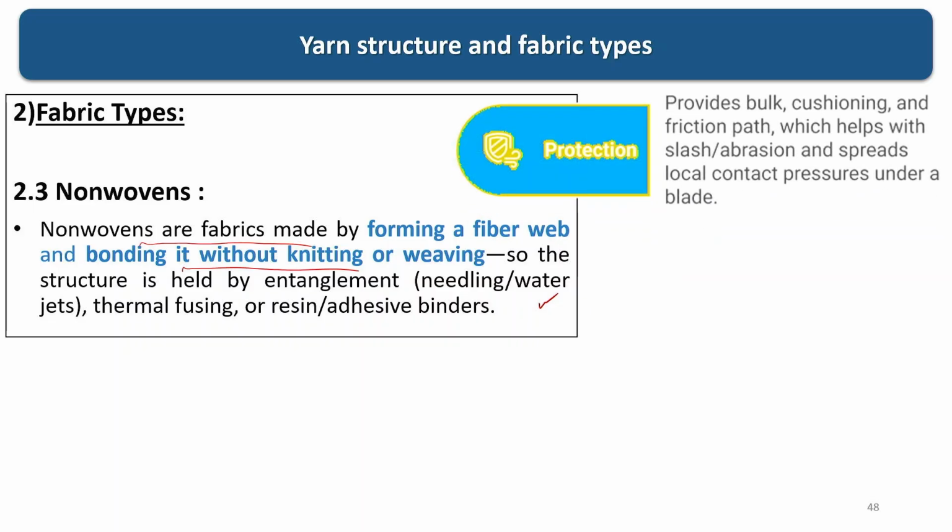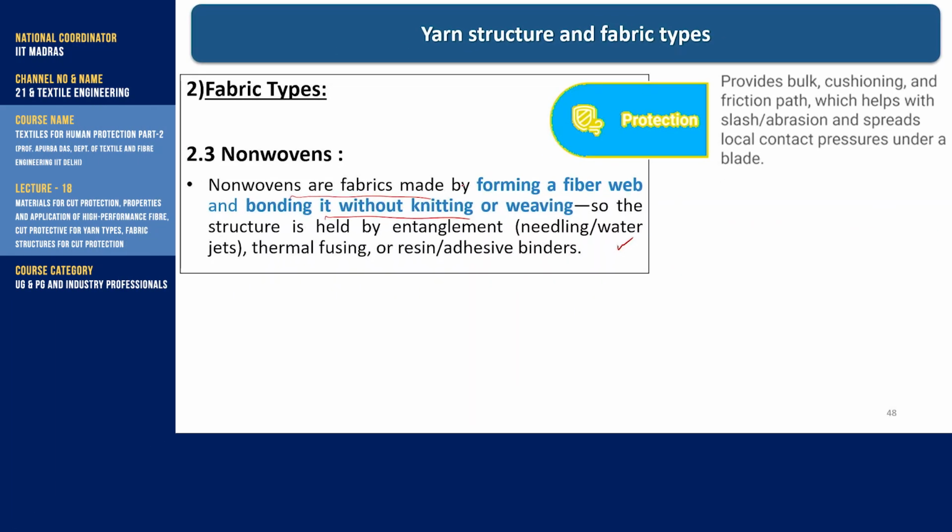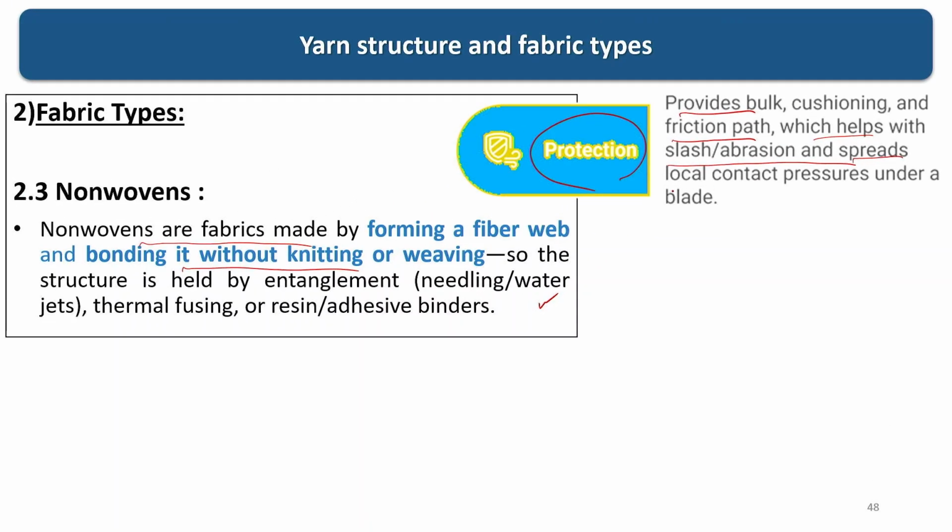But non-wovens are used basically for providing bulk. The protection is by providing bulk, cushioning and a friction path, which helps with slash, abrasion and spreading local contact pressure under the blade. That is the basic advantage of nonwoven.